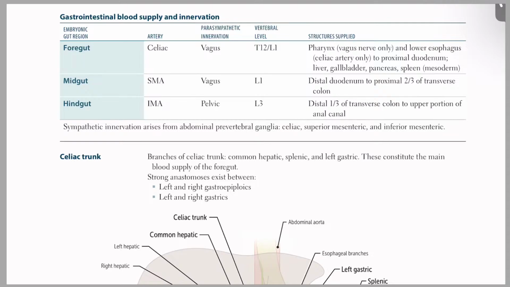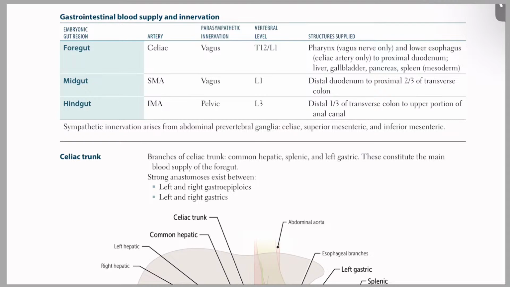Artery: celiac, SMA, IMA. Parasympathetic innervation: vagus, vagus, and pelvic. Vertebral level: T12, L1, L3.